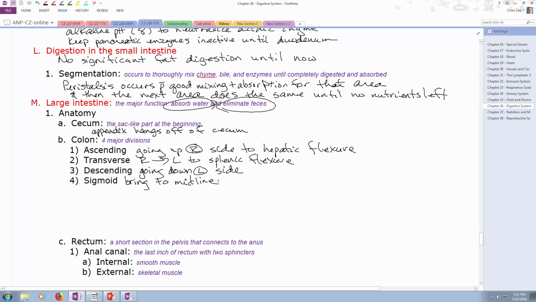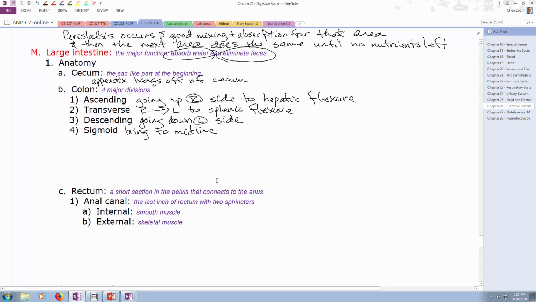And then it will terminate in the rectum, which is a short section of the colon that's in the pelvis and will connect to the anus via the anal canal, which is the very last inch of the rectum, and we have two sphincters, the internal, which is smooth muscle, and the external, which is skeletal muscle, and the external is obviously surrounding the internal.